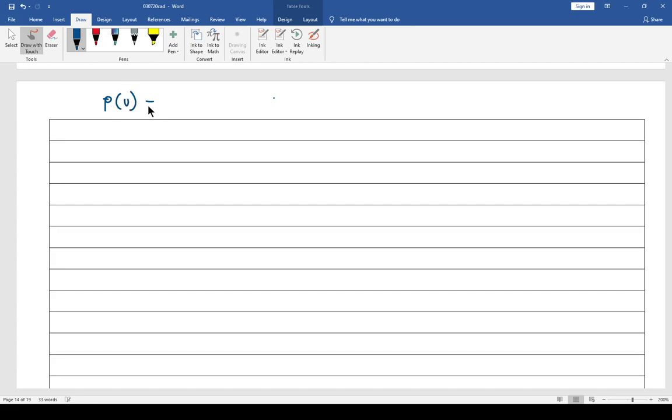So what I see: P of u is equal to C3 u cube plus C2 u square plus C1 u plus C0.